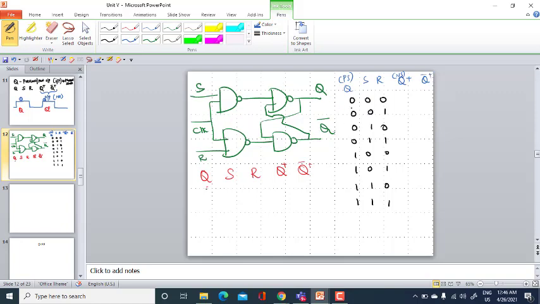So this is the first input combination, second, third, fourth, 5, 6, 7 and 8. S is 0 and R is 0.